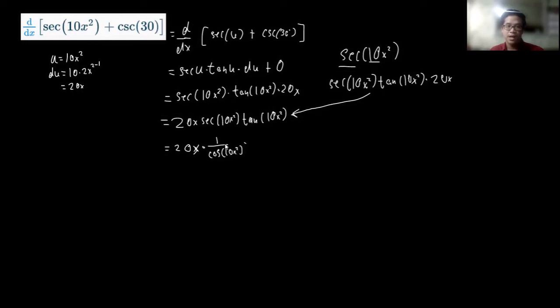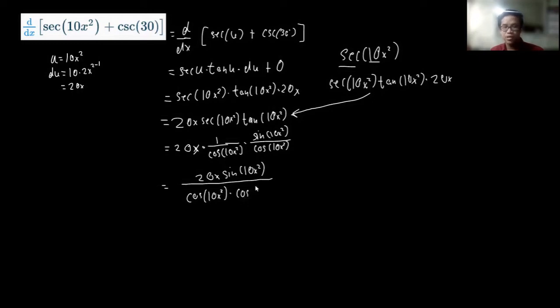Times tangent, which is sine of 10x squared all over cosine of 10x squared. That's it. And now let's combine the three of them. So you have sine of 10x squared over cosine of 10x squared times cosine of 10x squared.